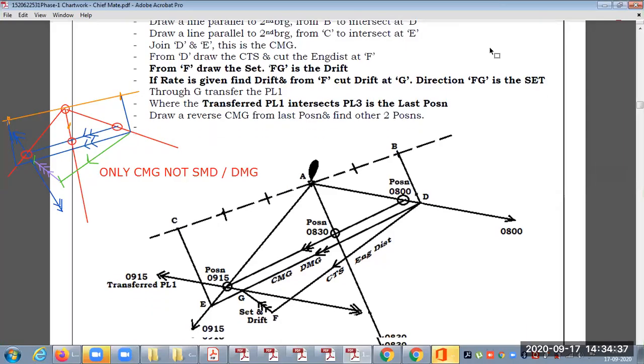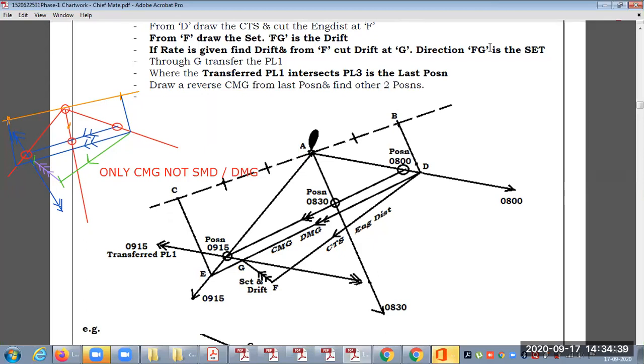Same thing you can see in this drawing, that all the three PLs are drawn and perpendicular to the second bearing, and joining the ratios, cutting and getting the course made good, and then transferring the 0800 PL, and then transferring the course made good from this line, and wherever it intersects, we get all the three positions. And from course made good, to get this point, we put course to steer and we put the set, and you get the set and drift.